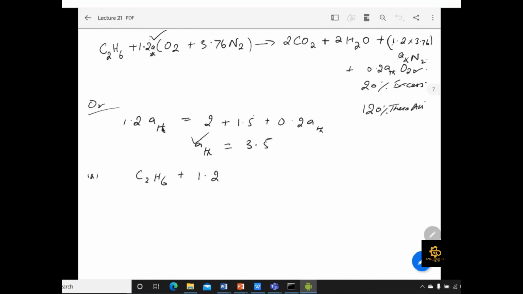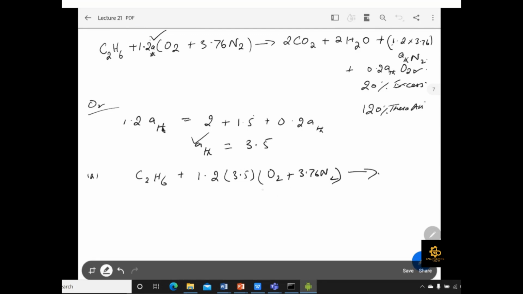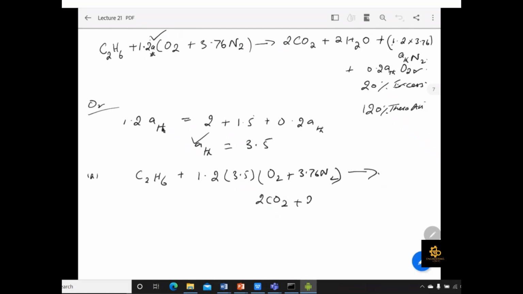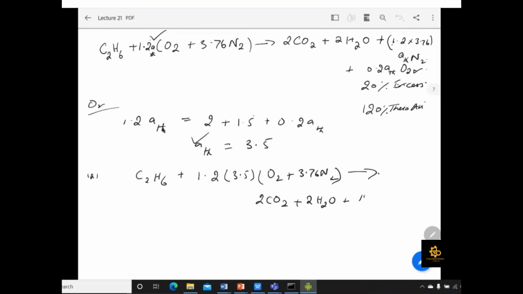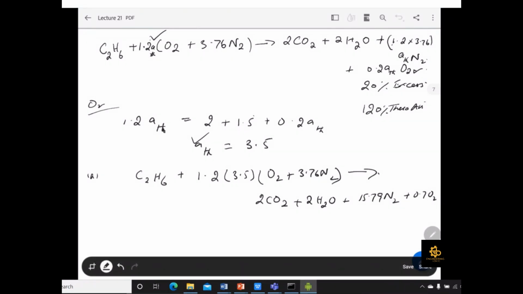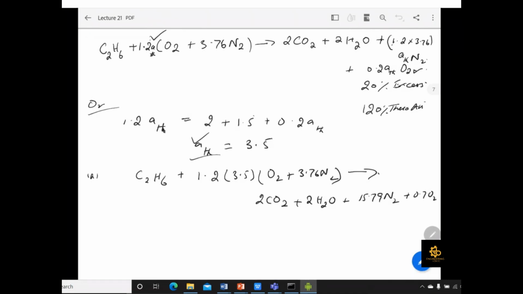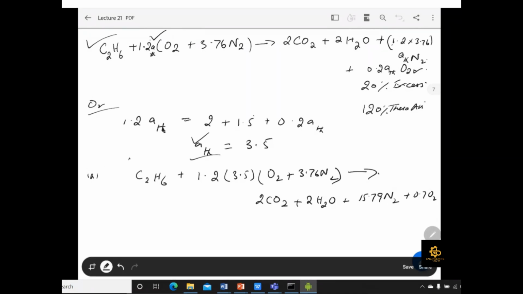So 1.2 into 3.5, and then the air, O2 plus 3.76 N2. Now this is the combustion equation which we get after finding this coefficient. This equation will be provided in the problem statement, and you have to find it by yourself after seeing all the data in the problem.